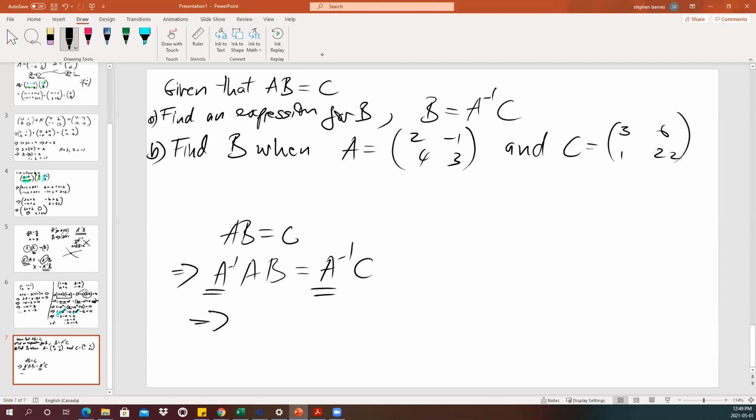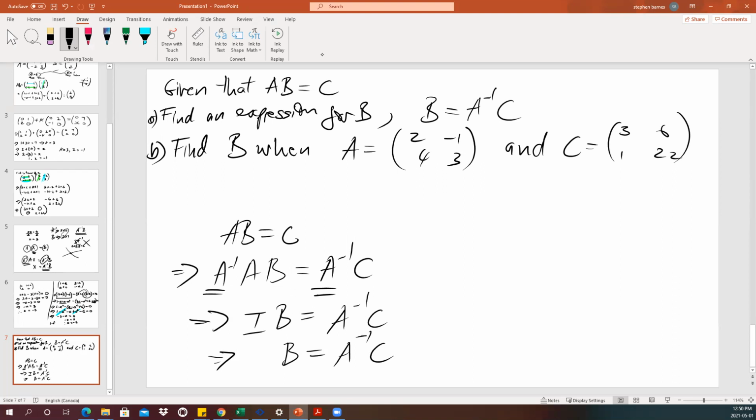So the A's cancel, I get the identity matrix I, and then B equal, but nobody writes I. It is like 1 times A, you don't write the one, you just put A. So this is now B. That's essentially what we want to do.